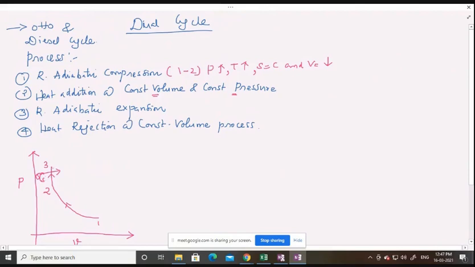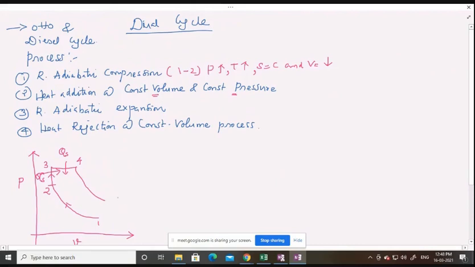Another partial amount of heat is also added, but at constant pressure, between 3 and 4. So the heat addition takes place from 2 to 3 at constant volume and 3 to 4 at constant pressure. The next process is reversible adiabatic expansion, where pressure decreases, right?